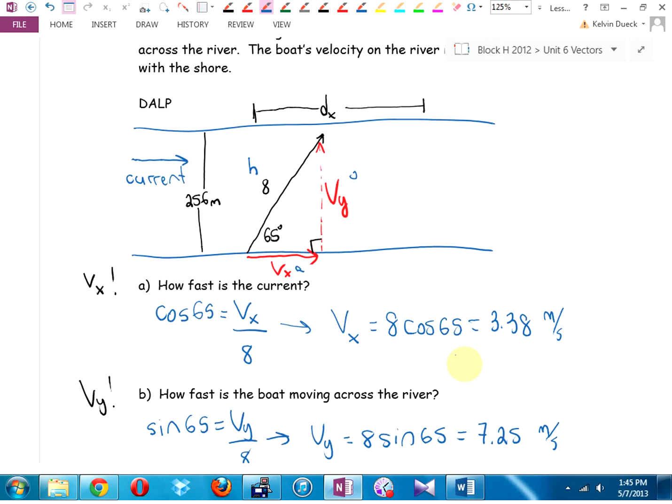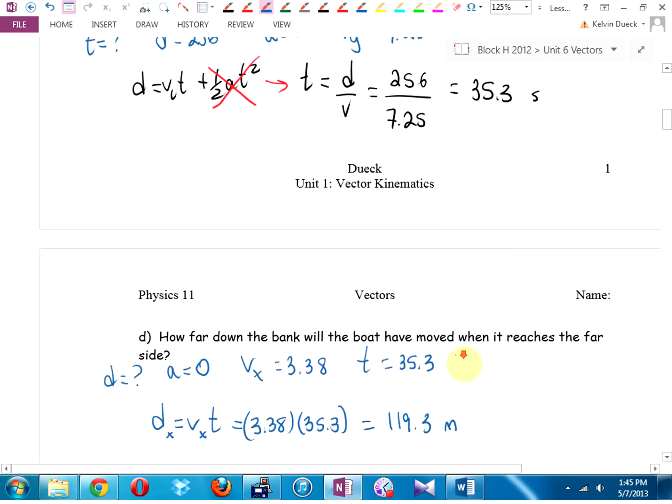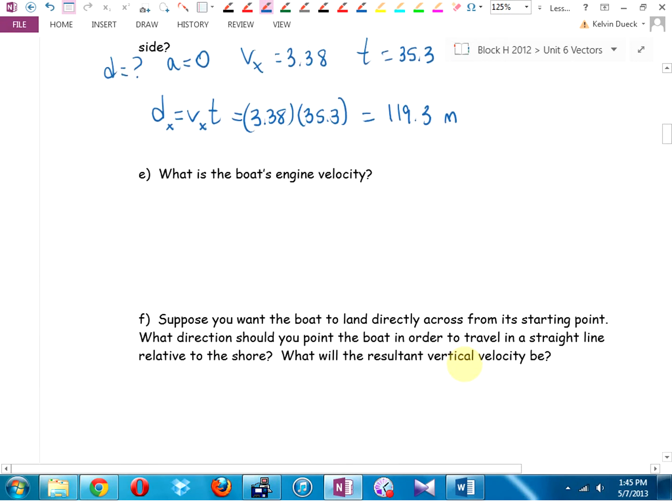Jacob, Vy, what's pushing it? What's pushing the boat across the river, Nick? The engine. Where is the velocity across the river? Vy. So for part E, so that we know what we did, V engine equals Vy. 7 point, was it 7.25?